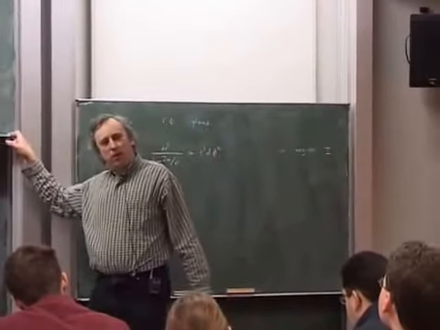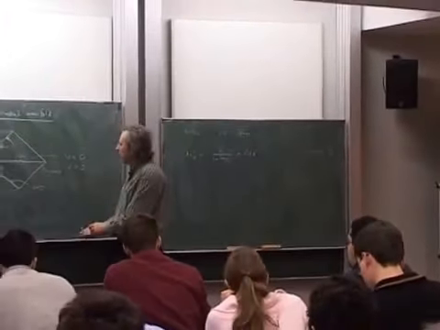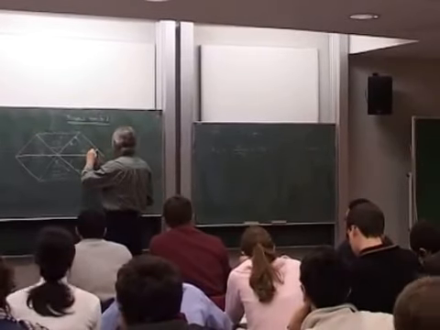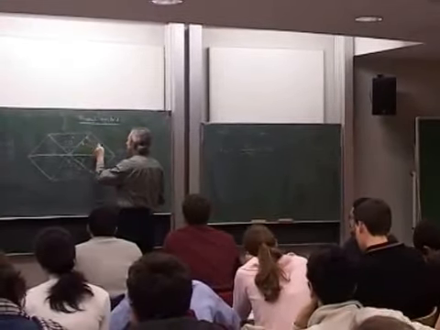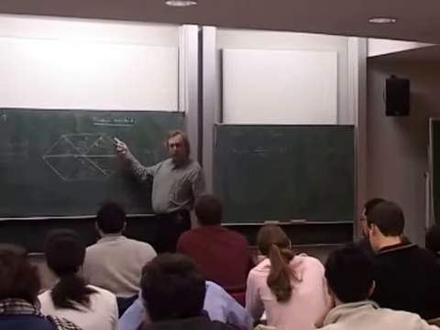Now perhaps it's worth our while drawing lines of constant r and t in this picture. I've already drawn one line of constant t. Here, in this region, they look something like this. And of course, t runs from minus infinity to plus infinity.